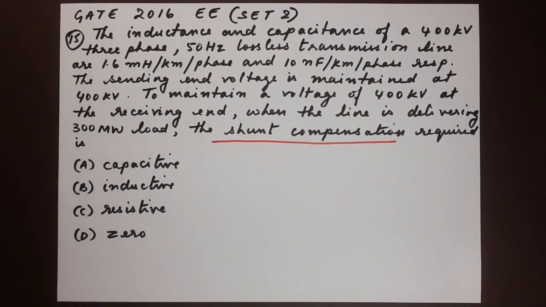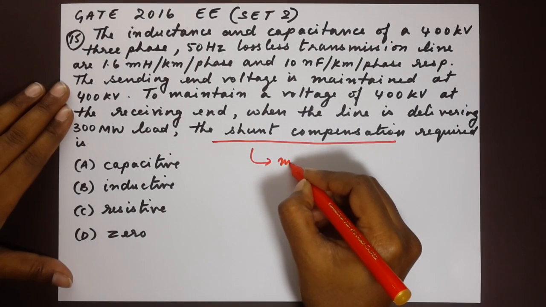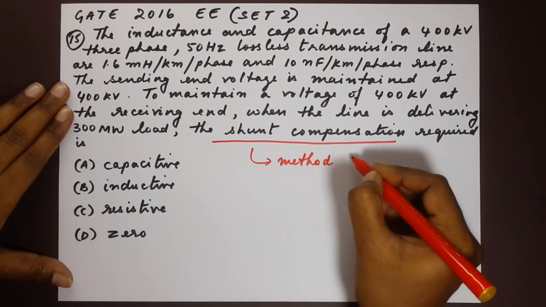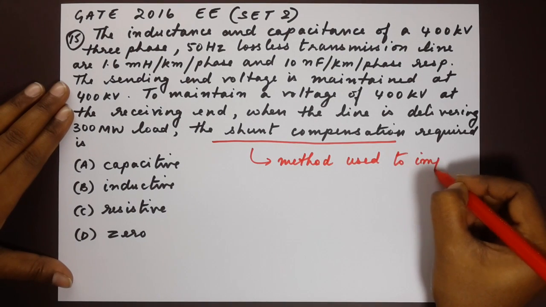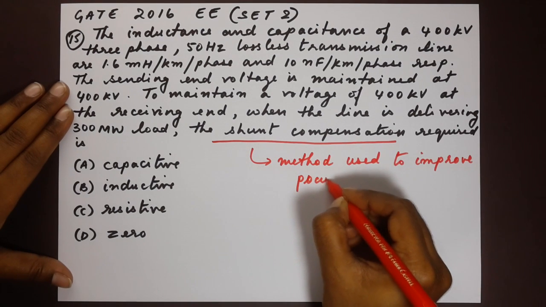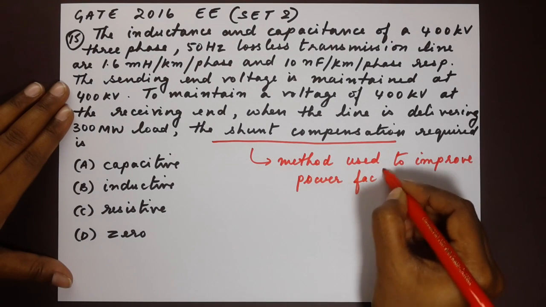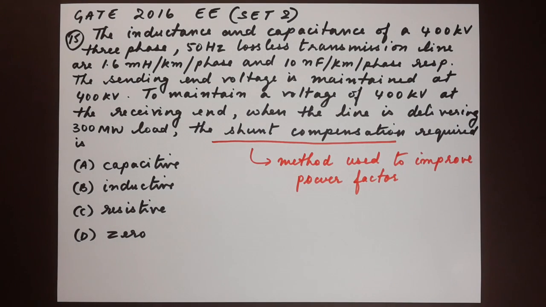So, shunt compensation is a method that's used to improve the power factor. So, that's the basic definition. The closer the power factor is to unity, that's the best that it can get.